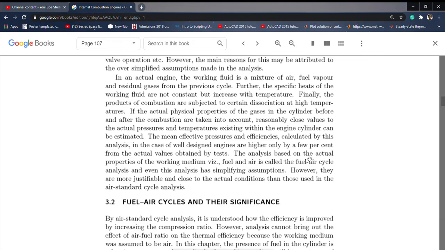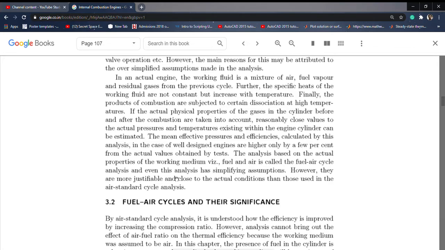The analysis based on the actual properties of the working medium, fuel and air is called fuel air cycle. You can say the actual analysis where we consider fuel, air and its varying properties. All the properties of gases will change. That is called fuel air cycle analysis.